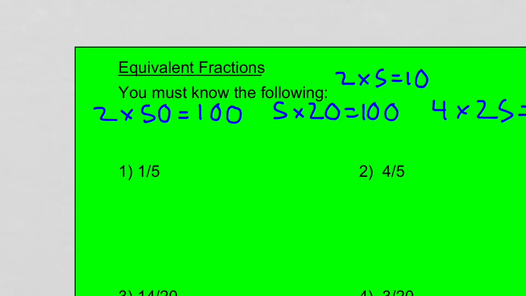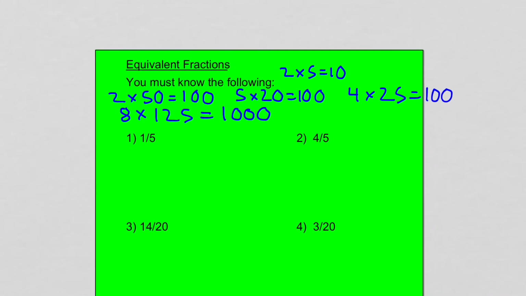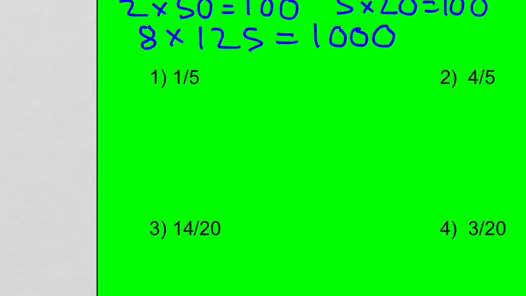And you're going to have to know 8 times 125 is 1,000. So you really got to know those. There are some others you could know as well, but for the purposes of right now, you really have to know those multiplications.